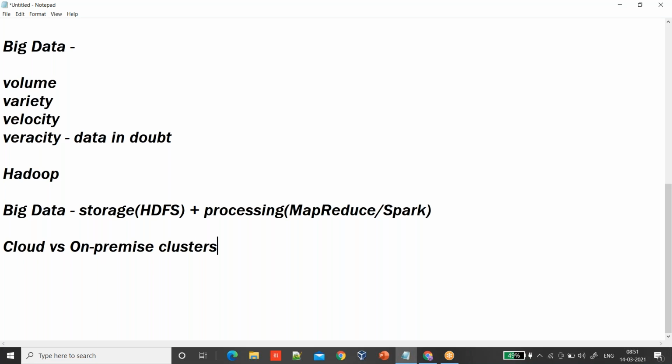Now, when I deploy my big data related tools on cloud, what are the challenges we talked about? I don't really need to take care because the vendor is responsible for that. He will make sure that your infrastructure is up and available 24/7, 365 days, and he is responsible for data availability.